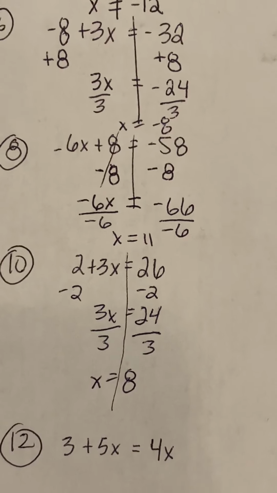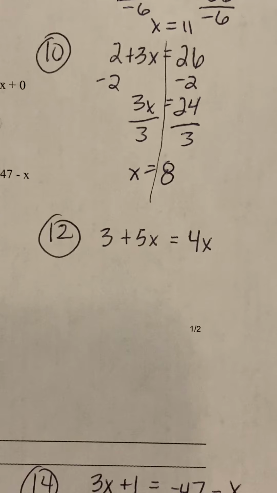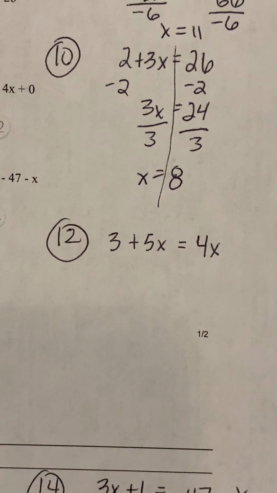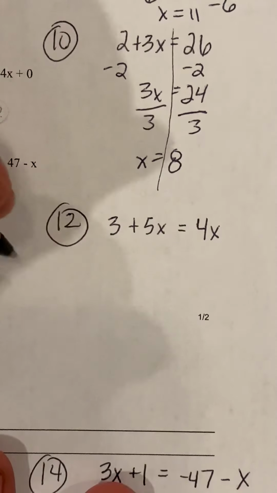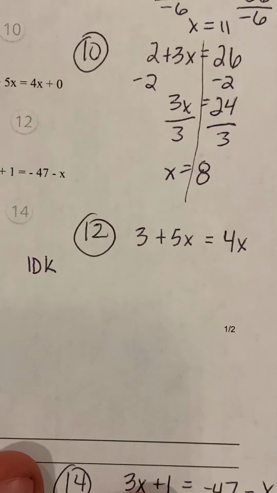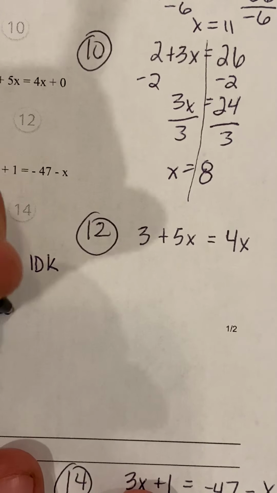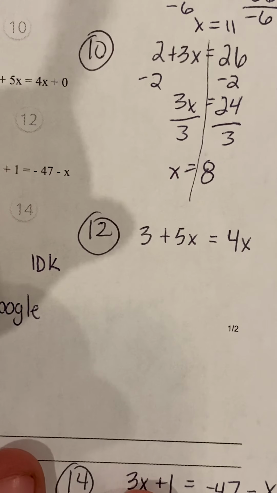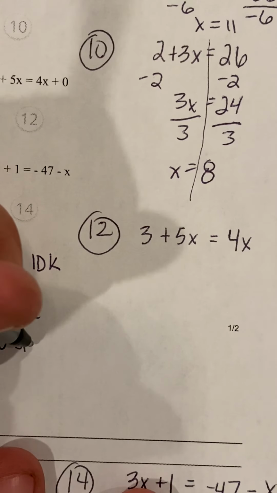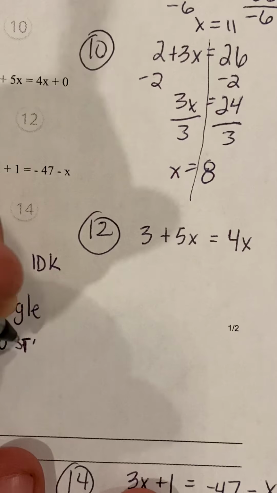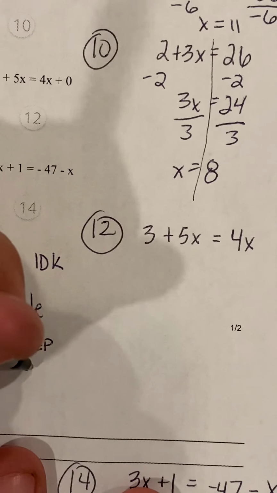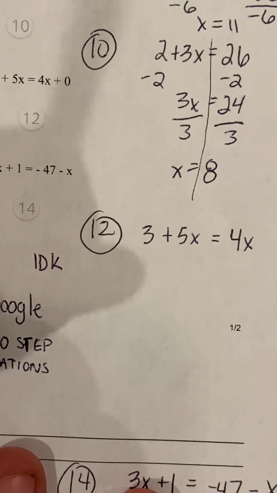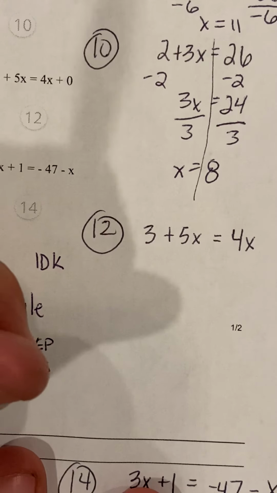This is where I had a lot of people email me or comment on the assignment. I always want you to try it. Take your best guess. So if you didn't know how to do number 12, instead of just leaving it blank or doing, I don't know, you could Google something like the following: two-step equations with, what do we have here?